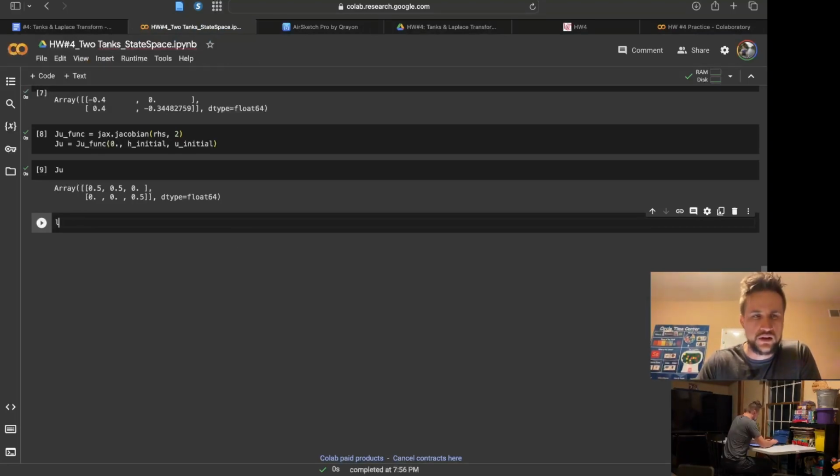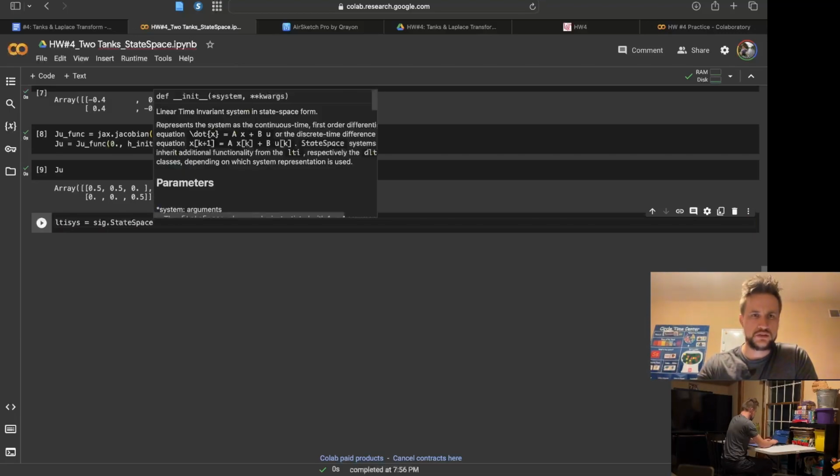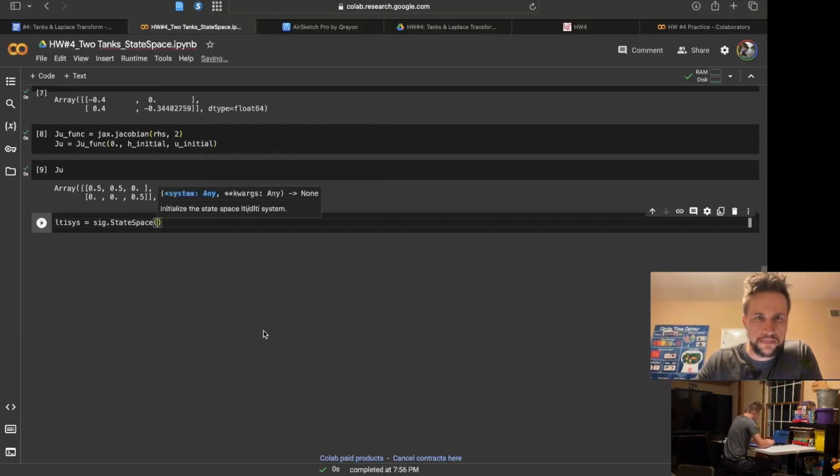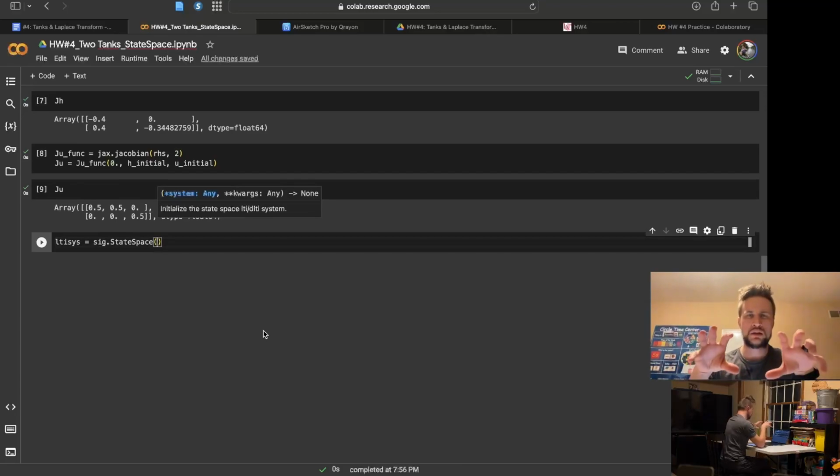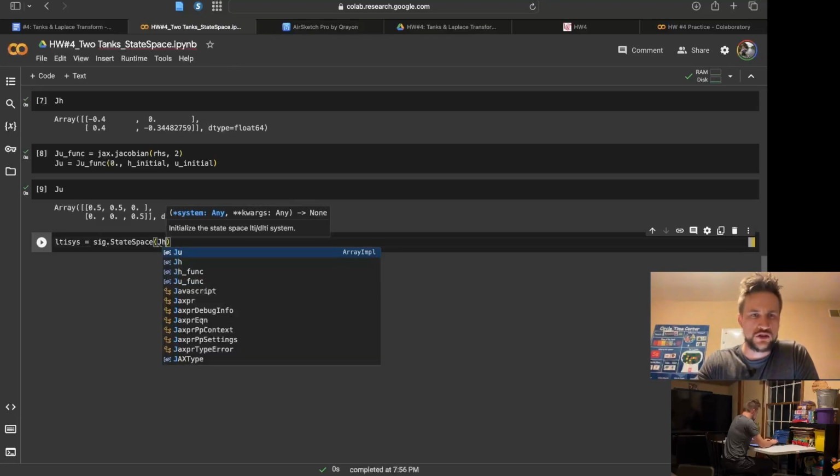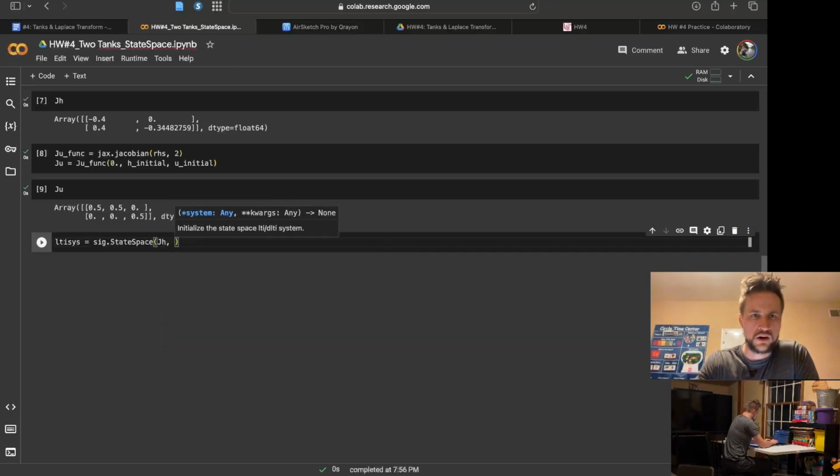So let's go ahead and we'll call it LTI system, and that is going to be our state space. With our state space, what it requires is our A, B, C, and D matrices. Our A is the JH that we defined above, and our B is the JU that we defined above.